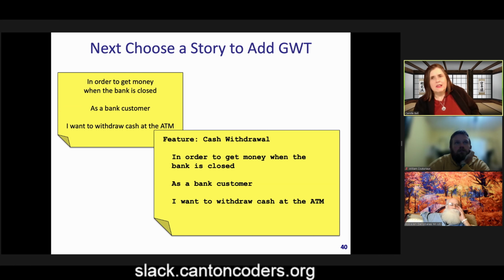So looking at the example of cash withdrawal: in order to get money when the bank is closed, as a bank customer, I want to withdraw cash from the ATM. This is actually the beginning of Gherkin. We have something called a feature. It's got a title called cash withdrawal, and it's got some amount of text. In this case, it's in a user story format.